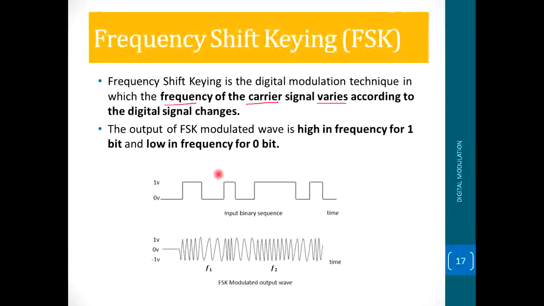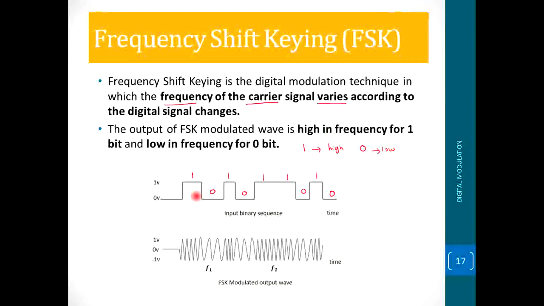So if the digital bit is 101010, for the 1 bit in the FSK modulation is the high frequency, and for the 0 is low frequency, like this.